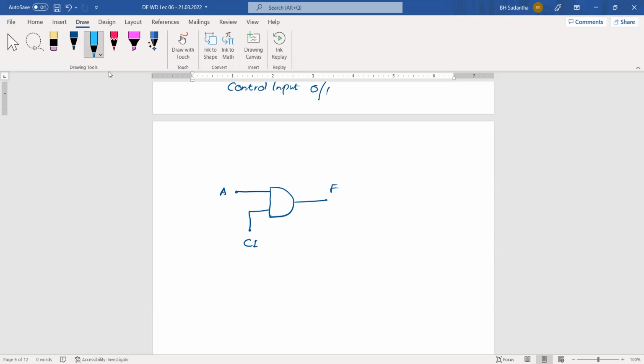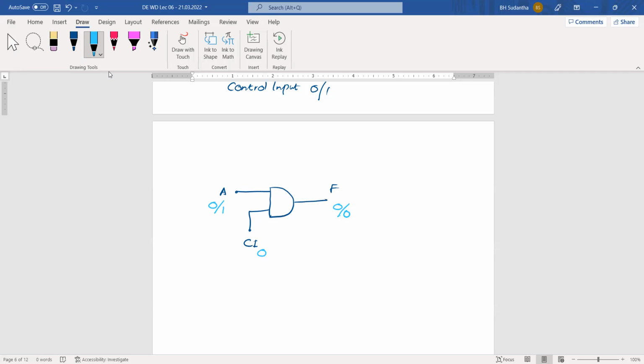A can take the value 0 or whatever the value. If this control input is 0, and A is 0, output is 0. Then A is 1, but it doesn't matter, control input is still 0, then output will be 0.